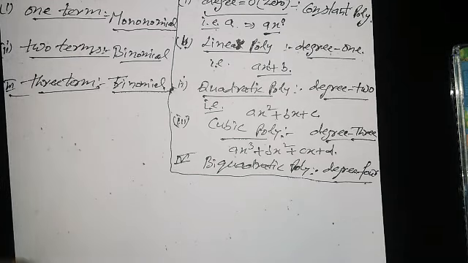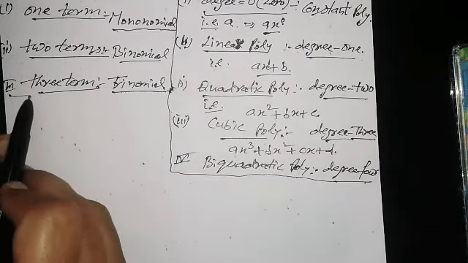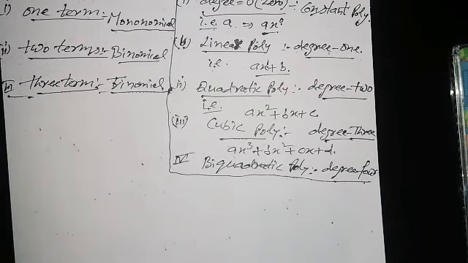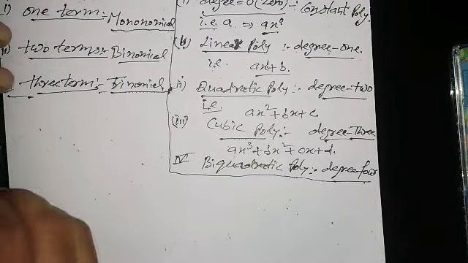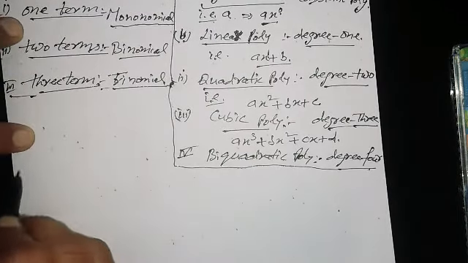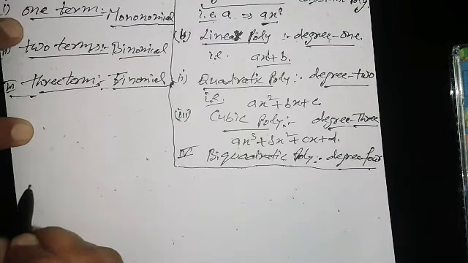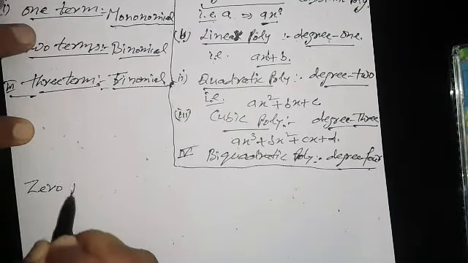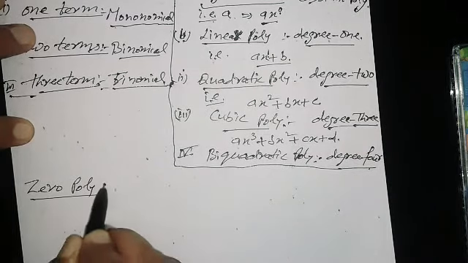This is the process of classification. Another, you can say you have a zero polynomial. What is zero polynomial?